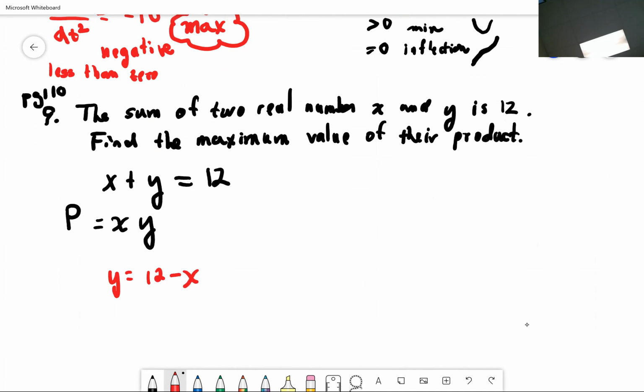Or vice versa, x is equal to 12 minus y. But what that lets me do now is, when I write this P, instead of writing y, I can write it as x times 12 minus x. Do you see how I replaced the y with 12 minus x? I no longer have a different variable there.